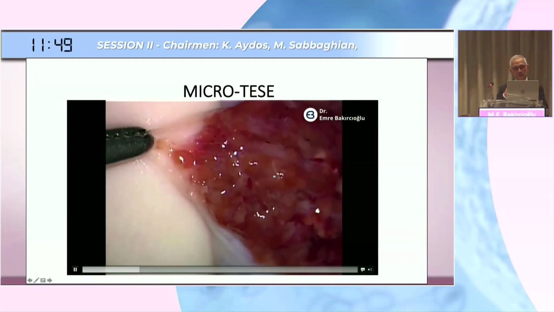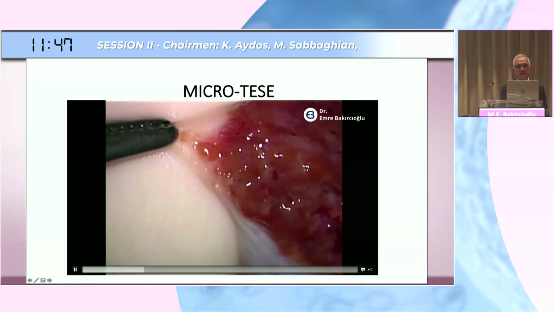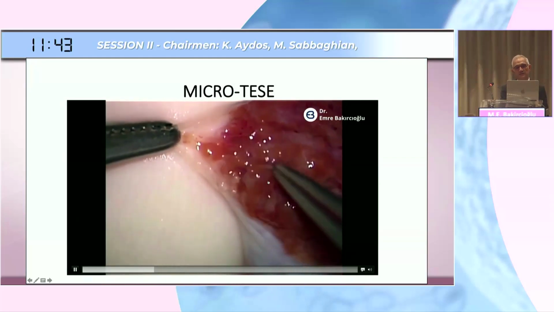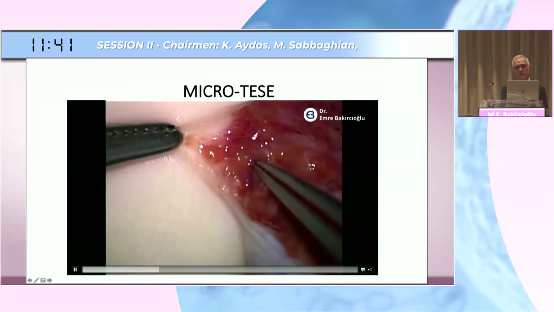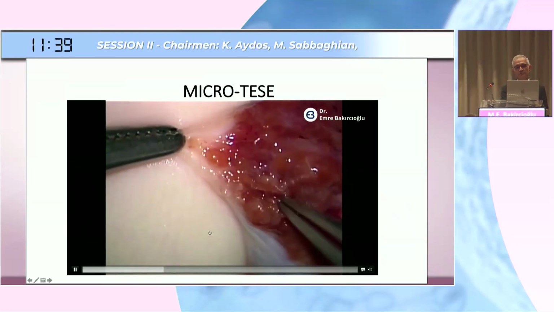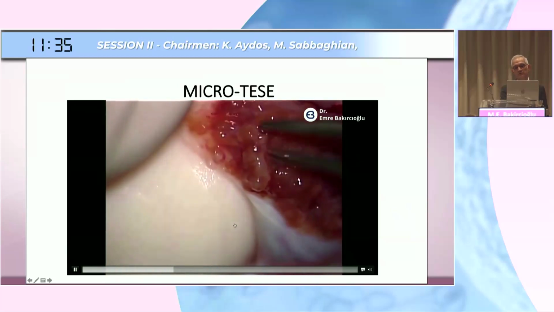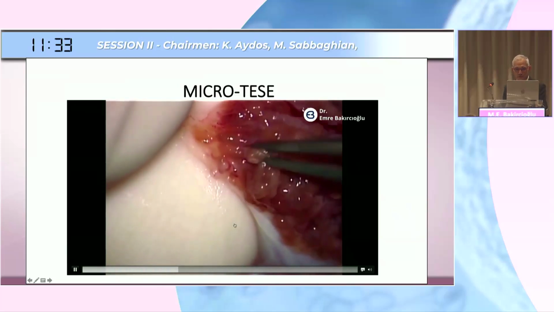I go to higher magnification, and clearly we see this area with the tubules, a very small area, and we dissect these tubules and find the sperm.